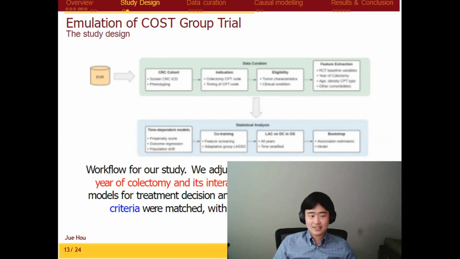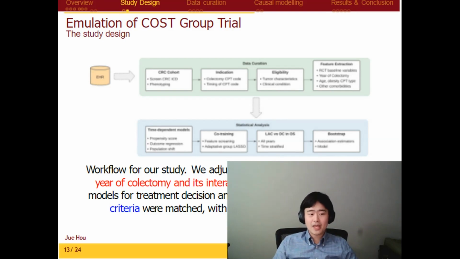And in the data analysis part, we construct a time-dependent model to account for the confounding, especially with this temporal trend. And to minimize the variance and have better accuracy, we co-train the model from different temporal periods with some data-driven model selection tools to make them close together if there is no data evidence suggesting otherwise.